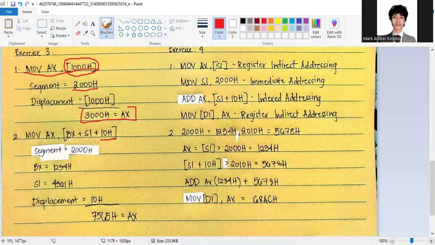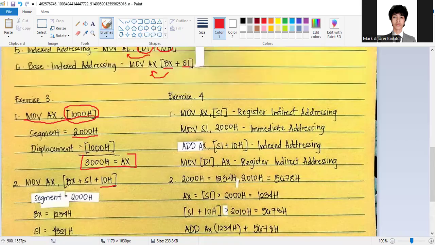So if we add all of this, 1 plus 4 is 5, 2 plus 1 is 3, 3 plus 2 is 5, 4 plus 3 is 7, plus 2 is 9... and the result is 7565. There you go. So that's it.